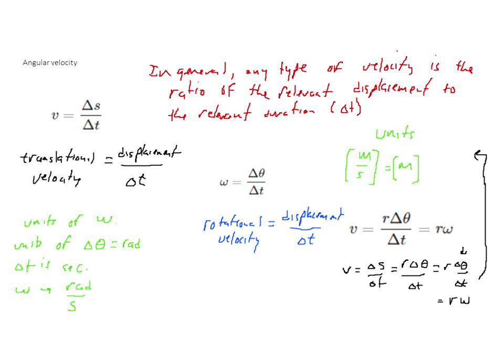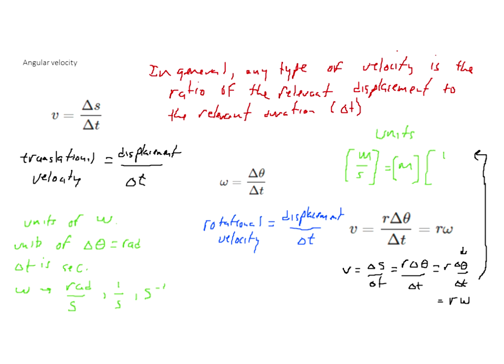And typically when we label radians, we don't actually count that as a unit that we put down. So we could also call this just 1 over seconds, or we could also call this seconds to the -1 power.